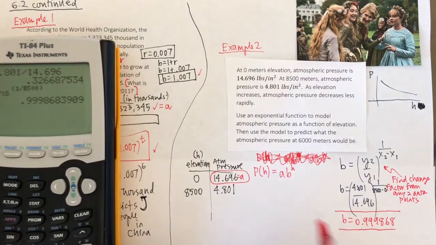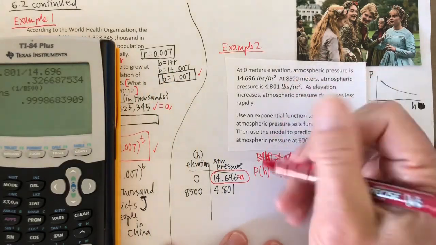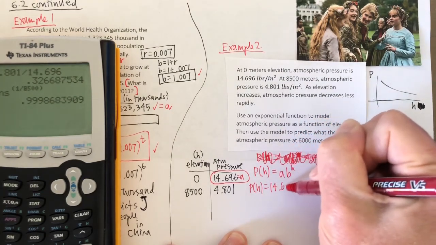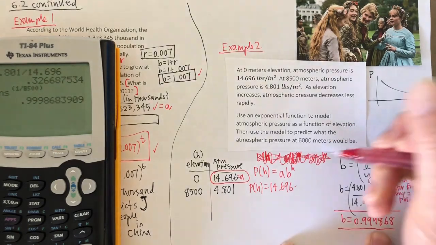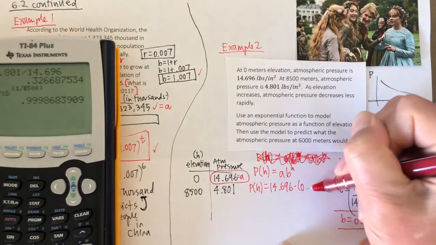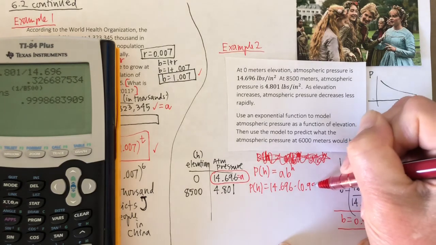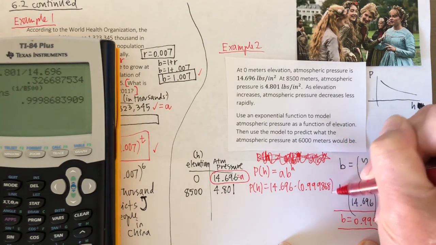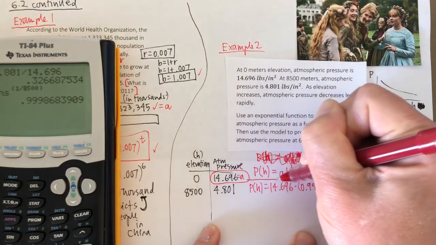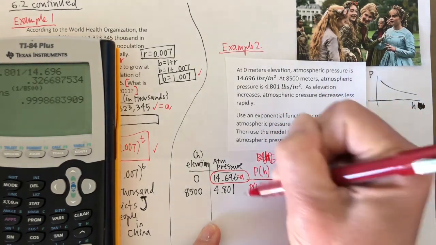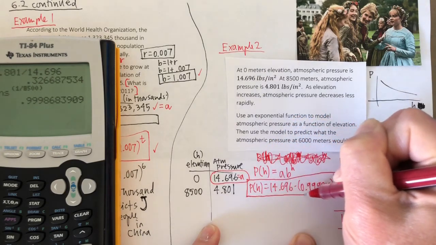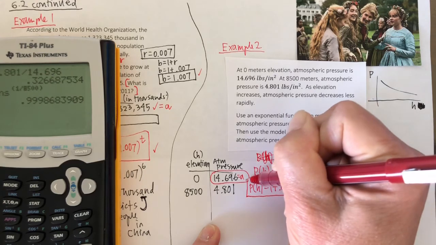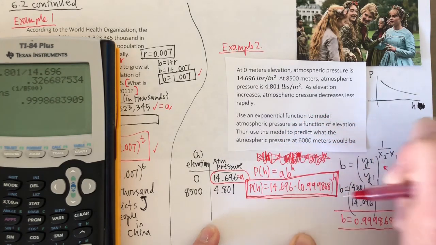Okay, we have a, we have b, we have everything we need for our function. P of h equals 14.696 times this guy, 0.999868 raised to the h. This is the formula that will give us atmospheric pressure as a function of elevation, or the height of an object above the Earth's surface.